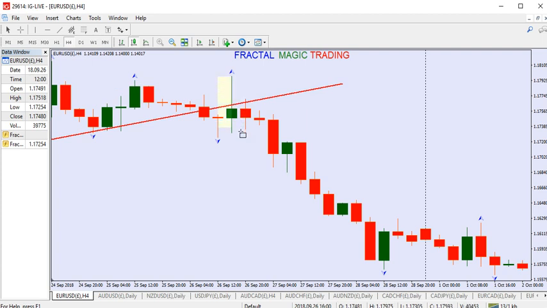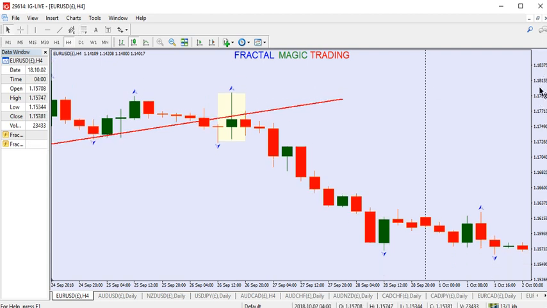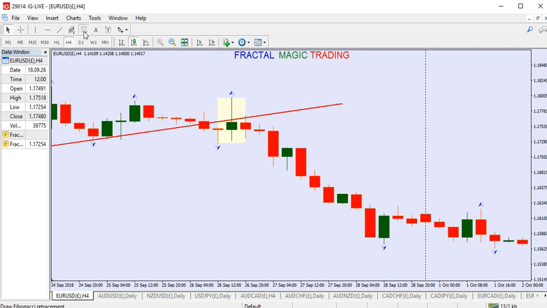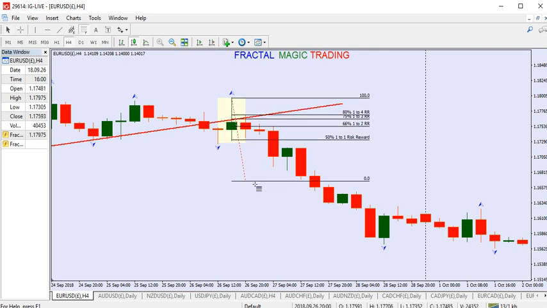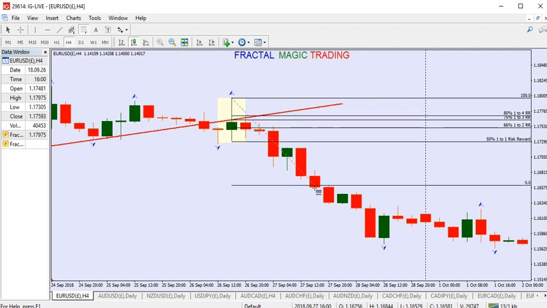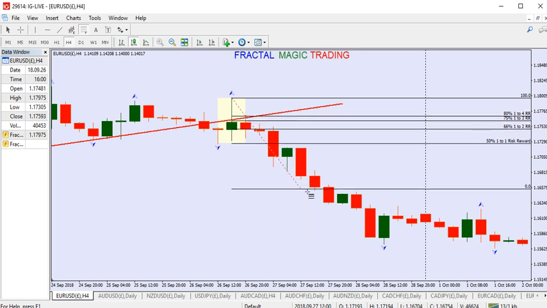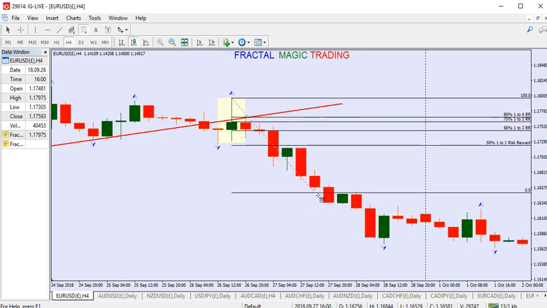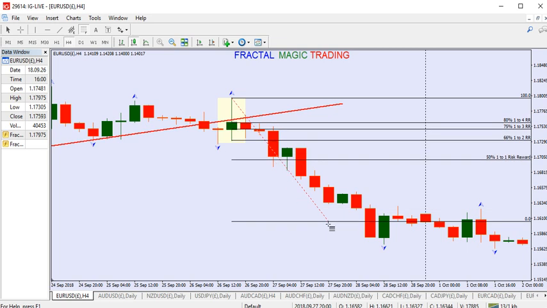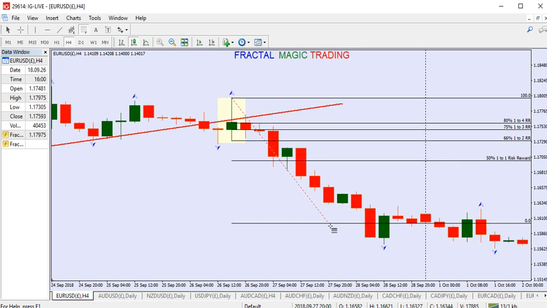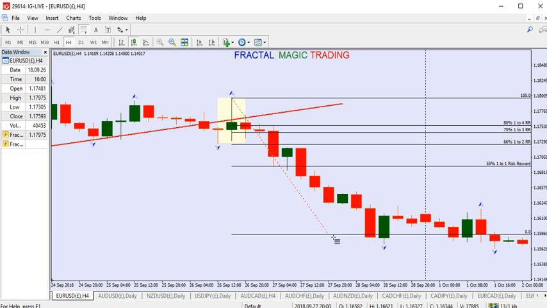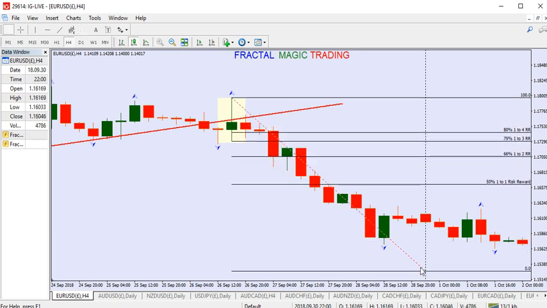So that would be my first trade, and I would be looking to gain a good return on my first candle. So I would get at 50%, I would get a 1-to-1, and if you're trading in several lots, you would possibly then go for a 66%, which gives me my 1-to-2, and then 75%.